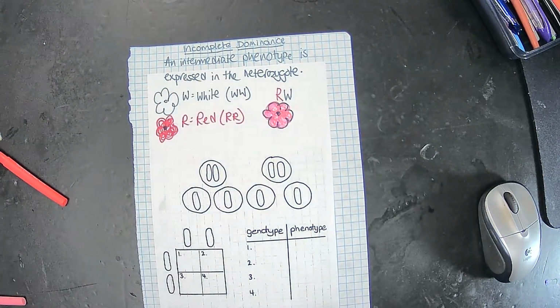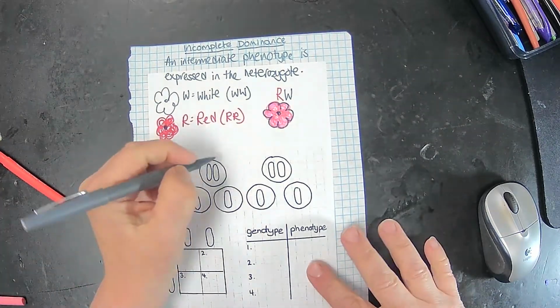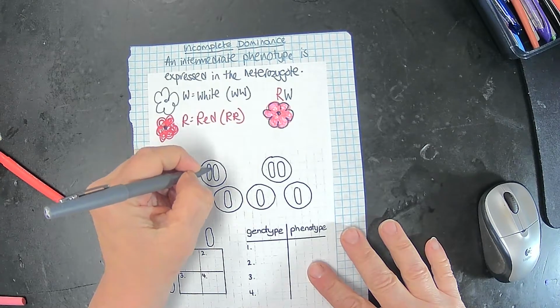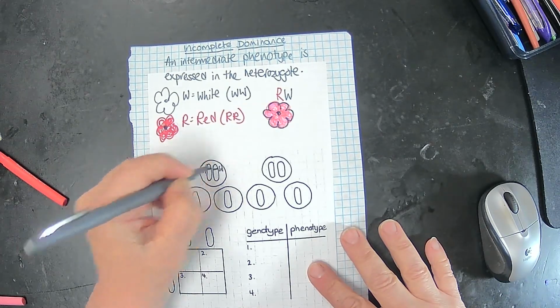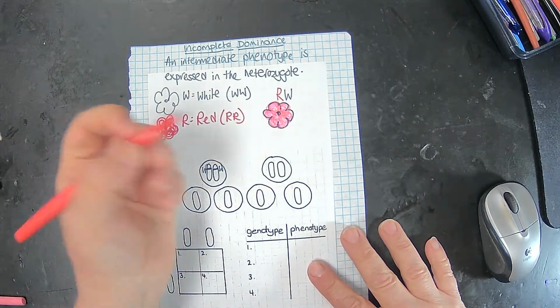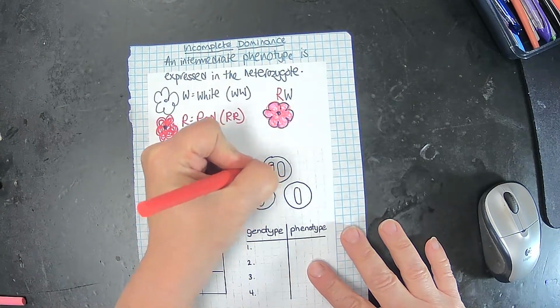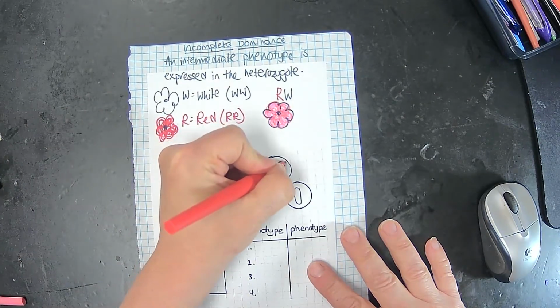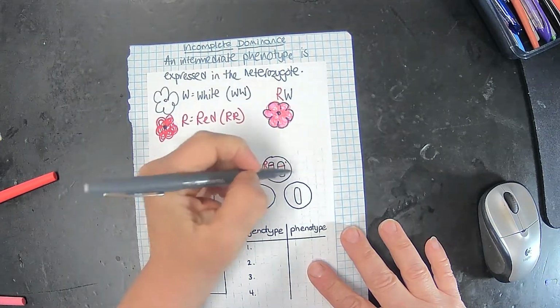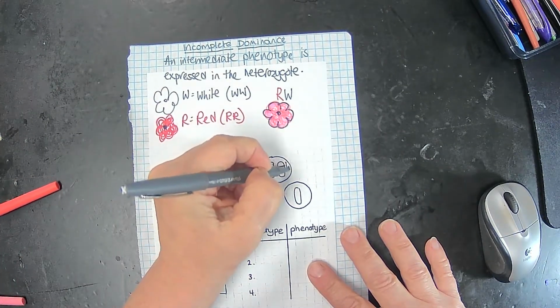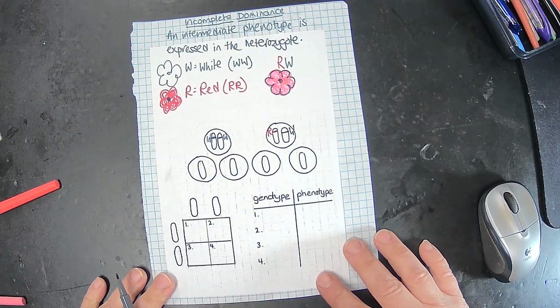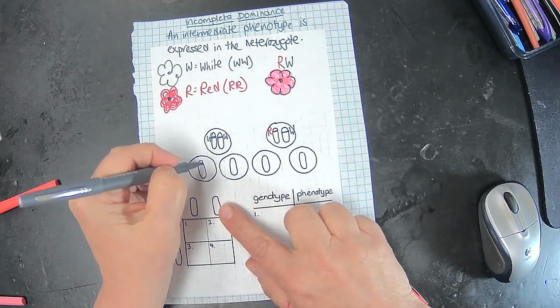Okay, so simple. Let's say we had a W and a W, which would be a white flower, and we crossed it with an R and a W. Let's do my gametes.